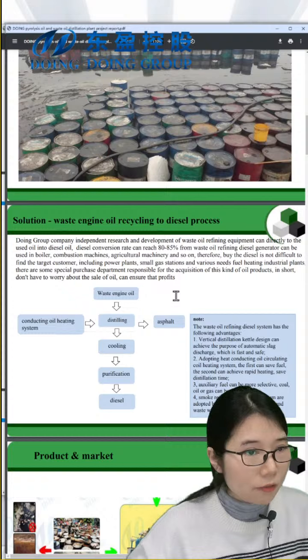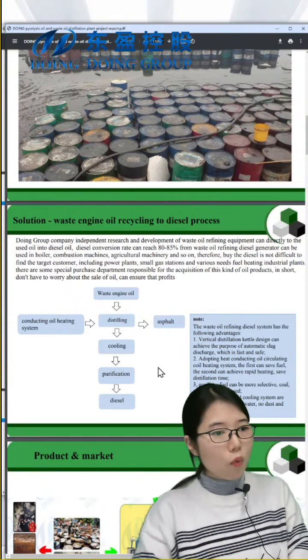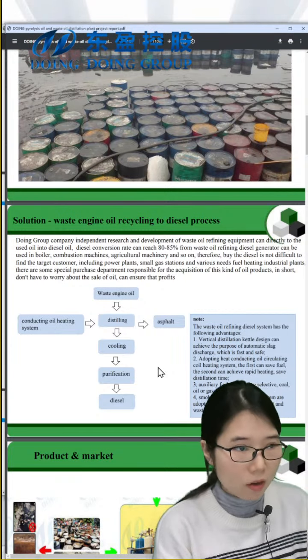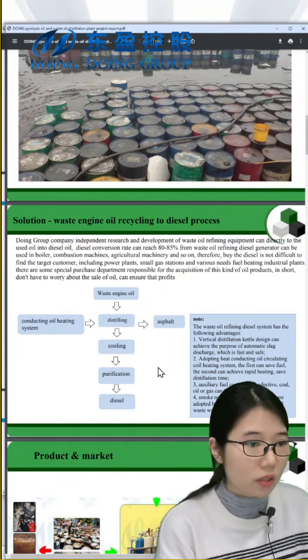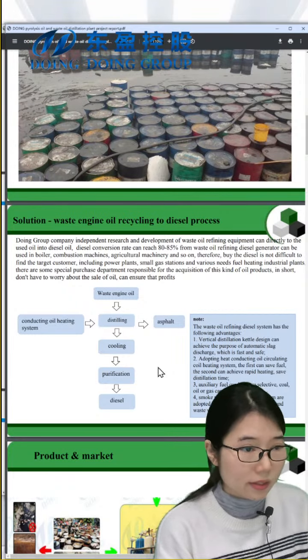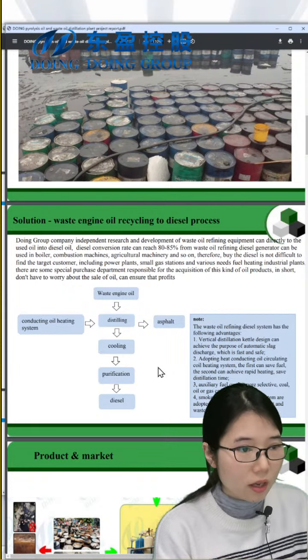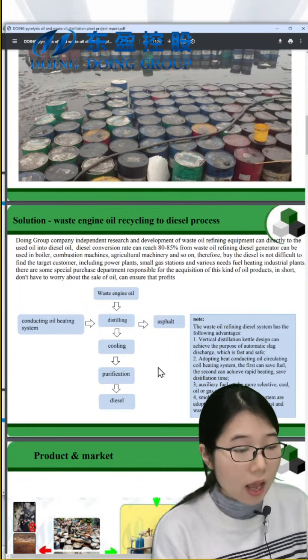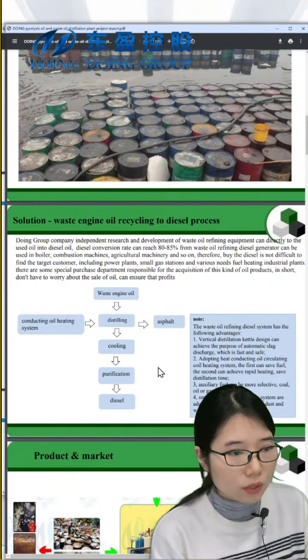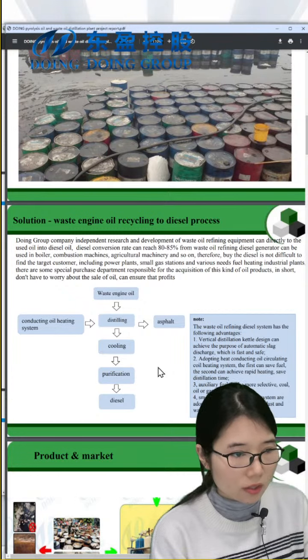The processing flow is, firstly, we pump the waste oil or pyrolysis oil into the reactor. Then we heat the reactor for distillation, and you get oil gas. The oil gas is cooled down into liquid oil and stored in the oil tanks.